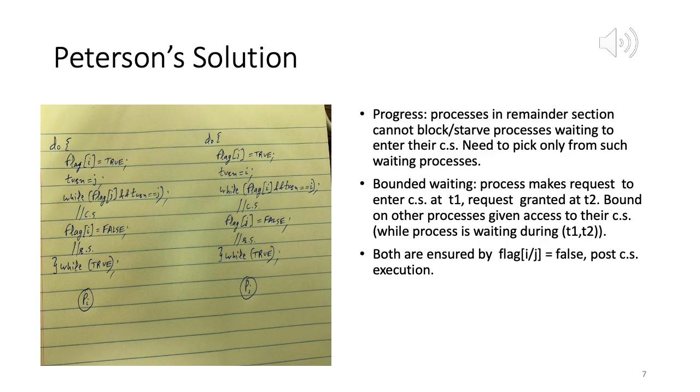And no matter what the rate of execution is, Pi is so quick, it starts and finishes even before Pj can start. It's almost sequential. Or if Pj is so fast, it starts and finishes before Pi can even start. Again, almost sequential.